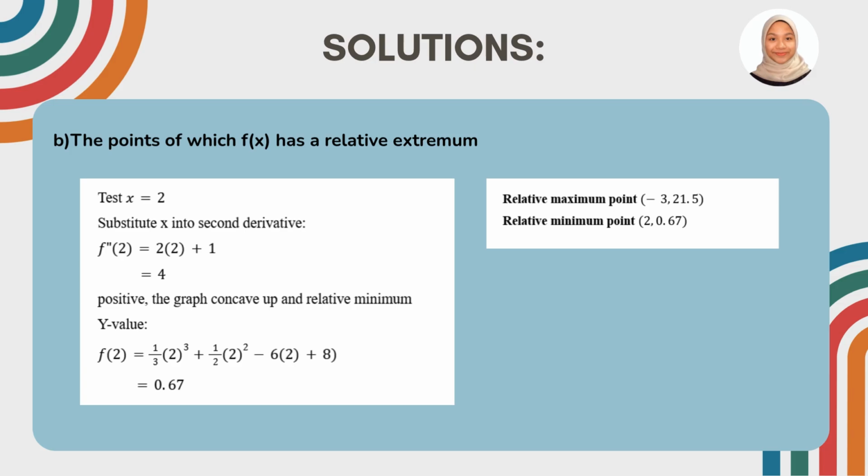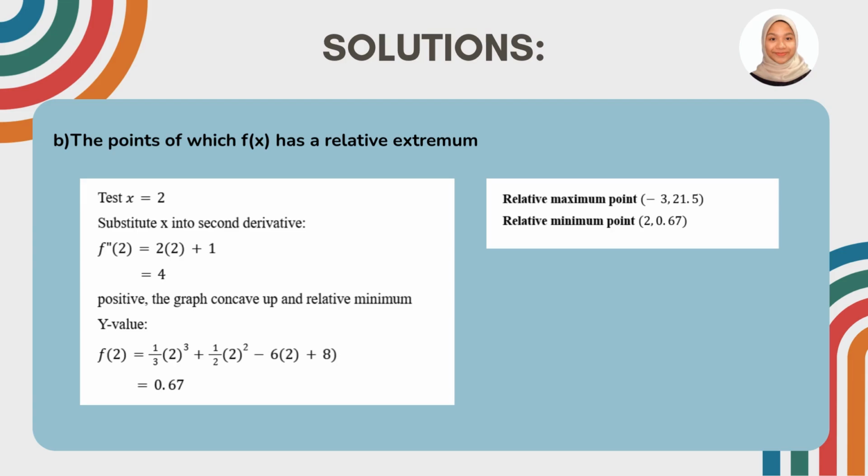Right, we test x = 2. Substitute x into the second derivative, which is 2(2) + 1 = 5... we have 4 as stated. So the graph is positive, concave up, relative minimum. To find the y value, substitute 2 into the original function, and we have 1/3 (2)^3 + 1/2 (2)^2 - 6(2) + 8.